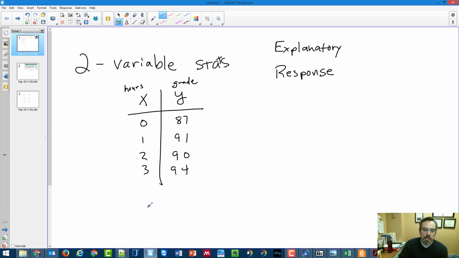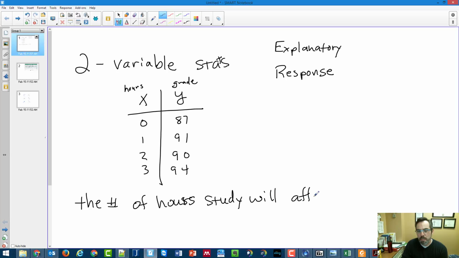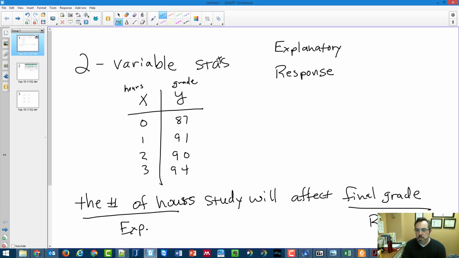I think that the number of hours you study will have an effect on your final grade. When I think about it this way, the number of hours is the explanation for your grade. The final grade is the response.